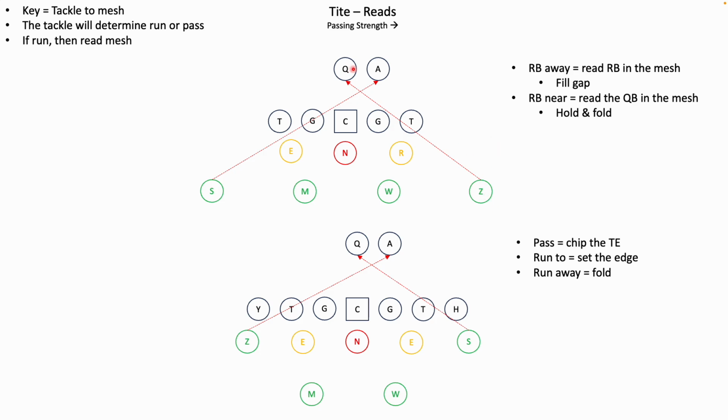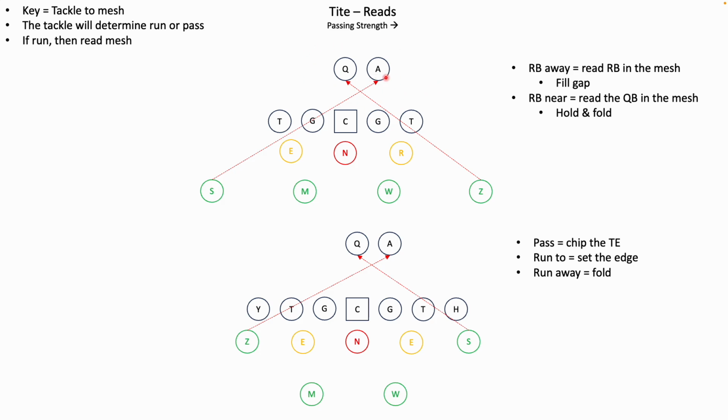The quarterback can also try and throw. It'll usually be like a slant or like a stick concept here. So if the running back is near and you get a run fit, you read run from the tackle, you are going to hold and fold. What that means is you are just going to hold your feet and you are going to make sure that the quarterback does not pull this ball.